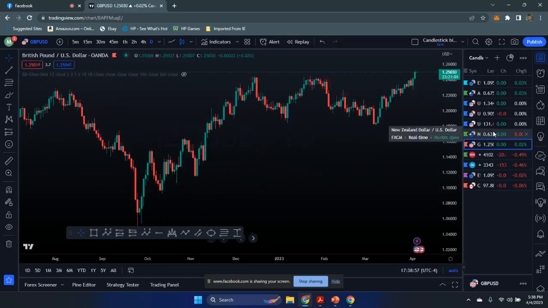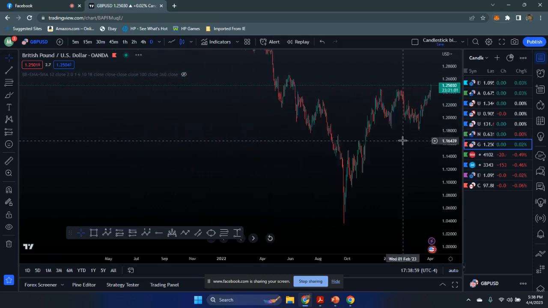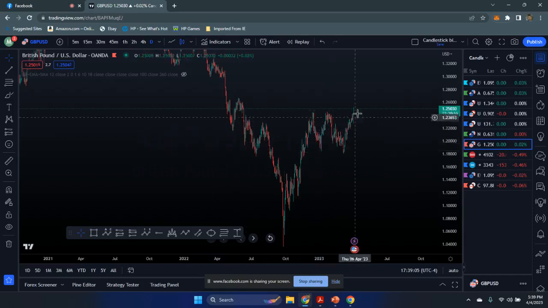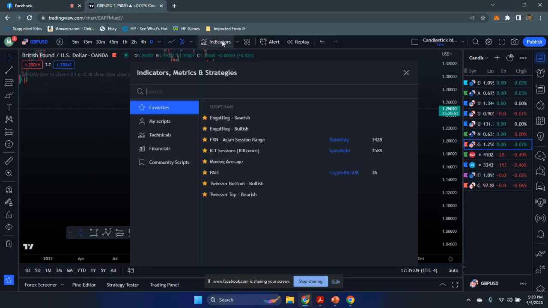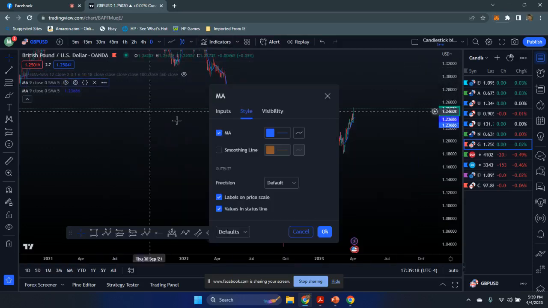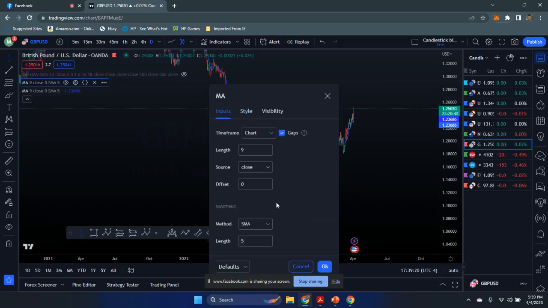I don't trade GBPUSD, but this looks very, very perfect. So let's get those indicators out, moving averages. He said he trades the 21 moving average.